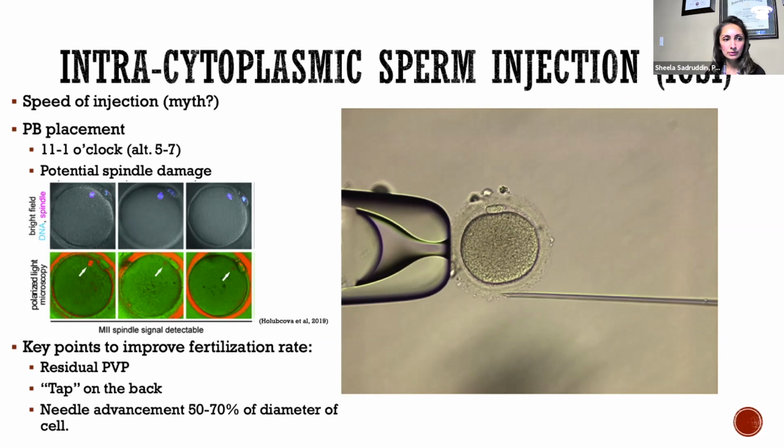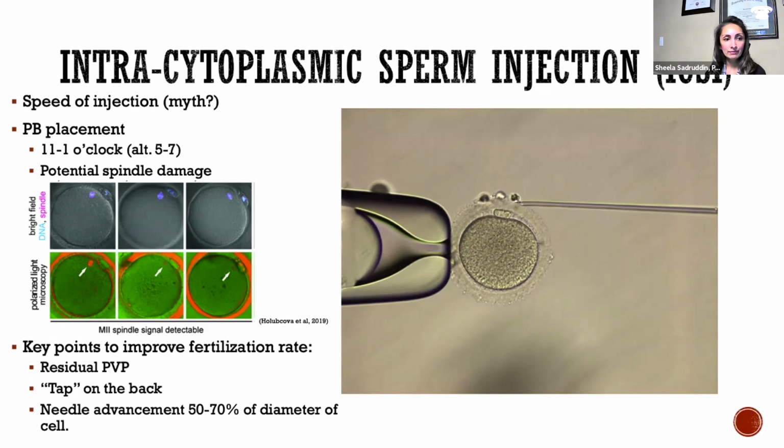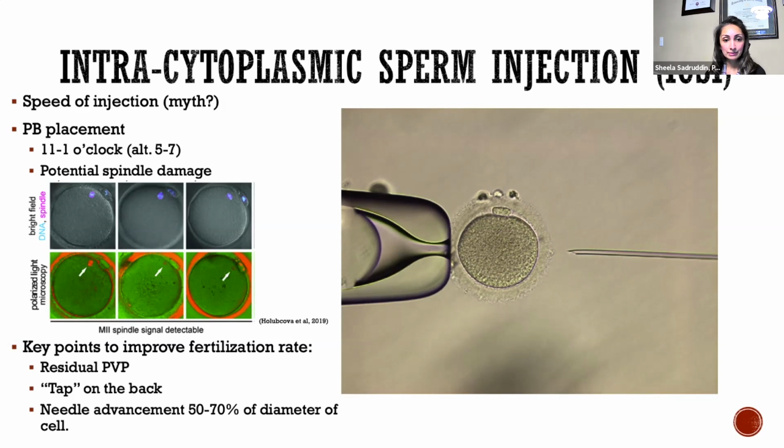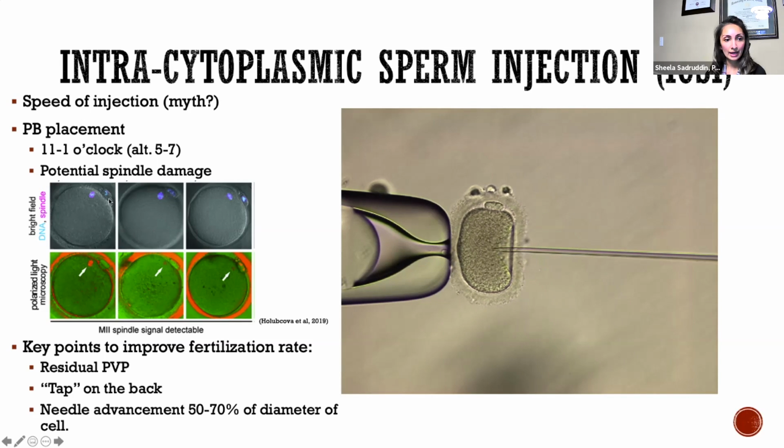Now, going back to the polar body placement, 11 to 1 o'clock, or alternatively 5 to 7 o'clock placement is ideal, because if you look at the image on the left-hand side, you'll see that a study looking at the spindle placement shows that the spindle is very close to the polar body.